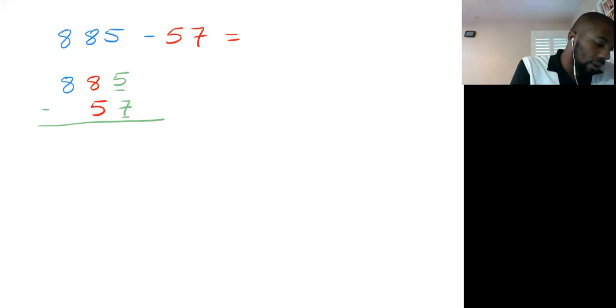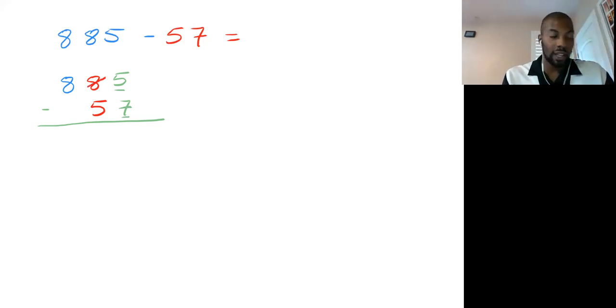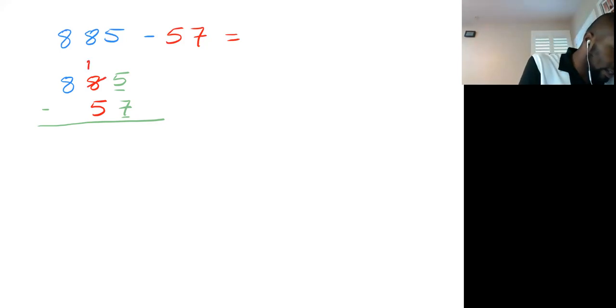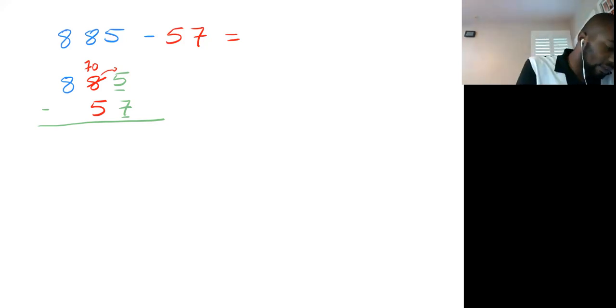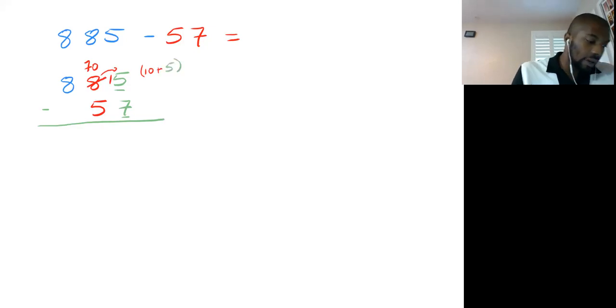We're taking away 10 from the 80, so that reduces it to 70. And then we transfer that 10 to the 5. 10 added to 5 is 15. So the math there was the 10 from the 80, which turned it into 70, plus the 5 ones that were already there, give me a total of 15.